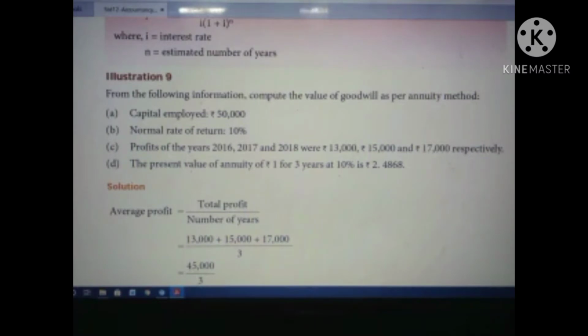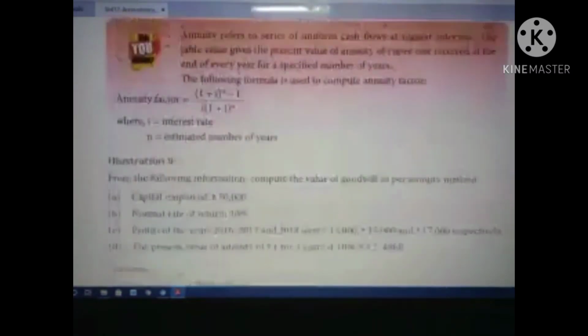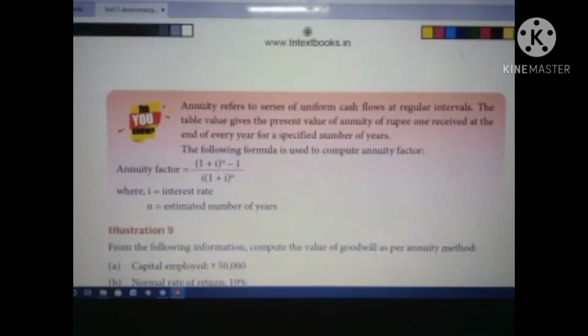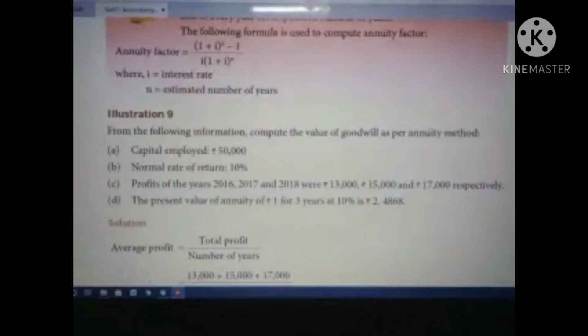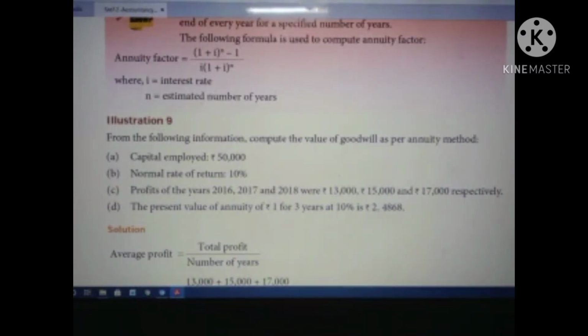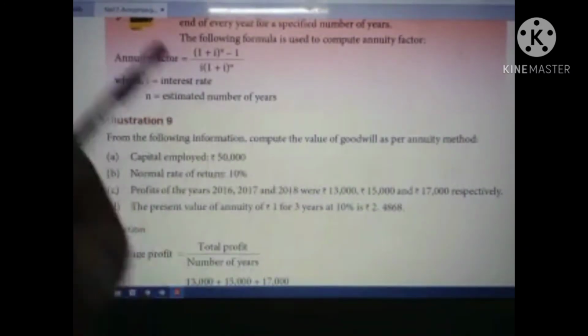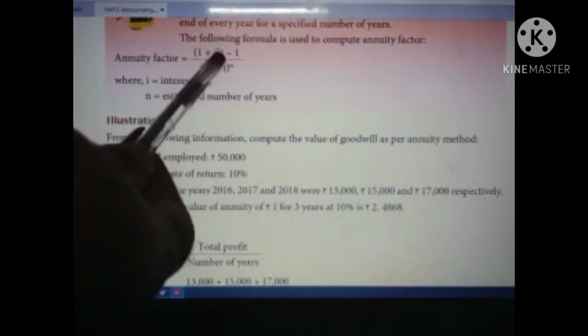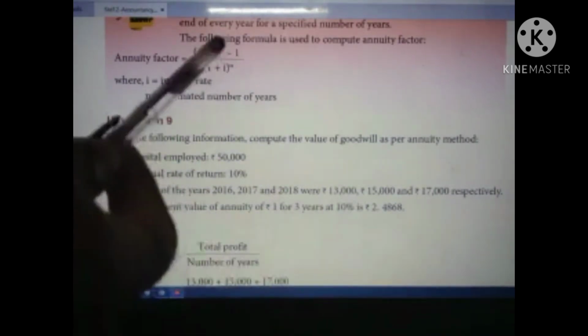Otherwise, if it is not given, then you have to use this formula: 1 plus i, where i is the interest rate, here 10%, raised to n, the estimated number of years, here 3, minus 1.